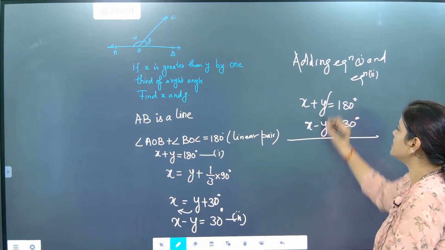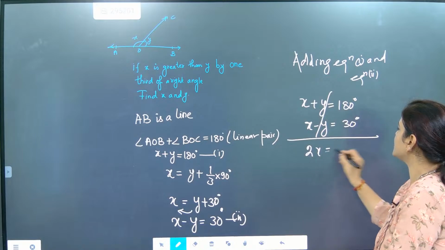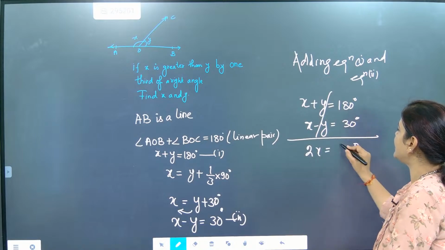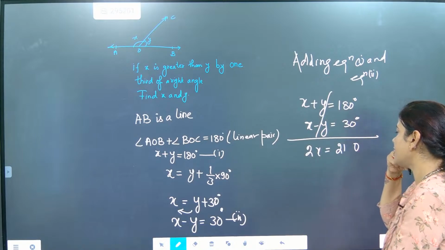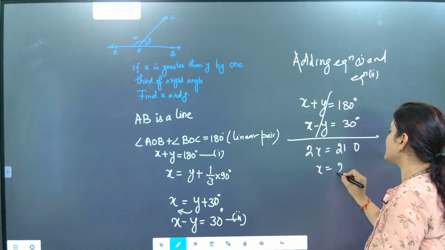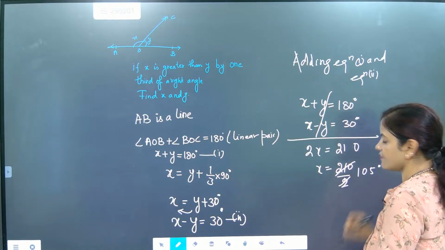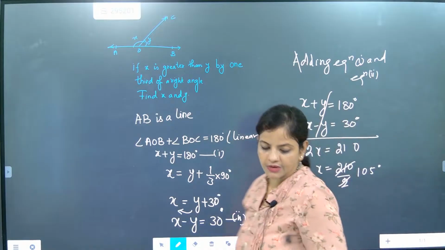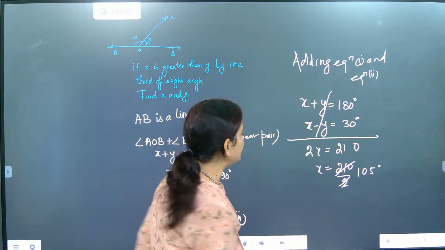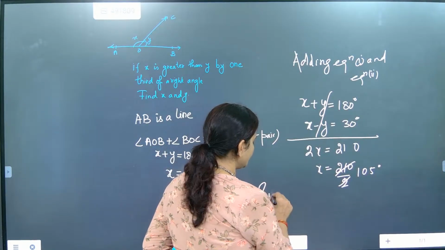Now y and minus y will get cancelled. 2x is equal to 210 degree. So x is 210 by 2. So one angle is 105. Understood? If one angle is 105, what will be the other angle?